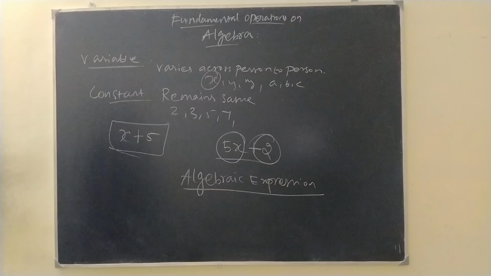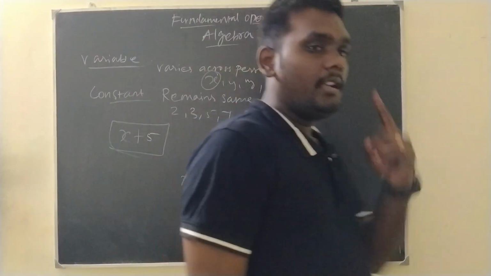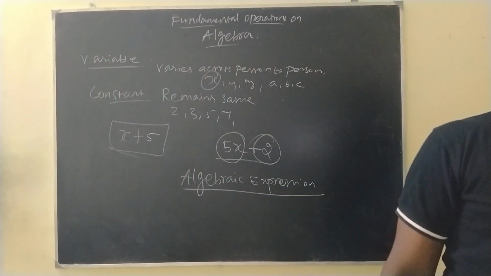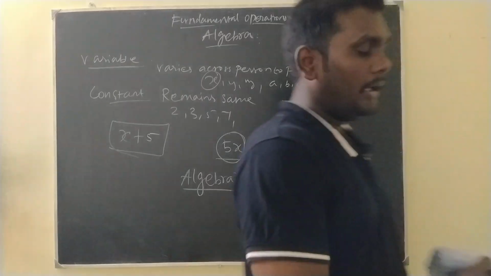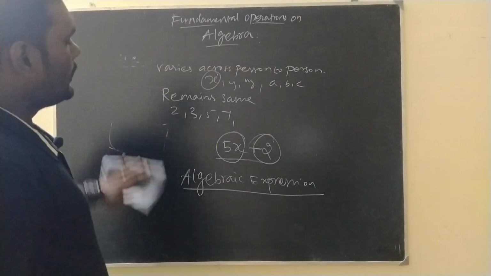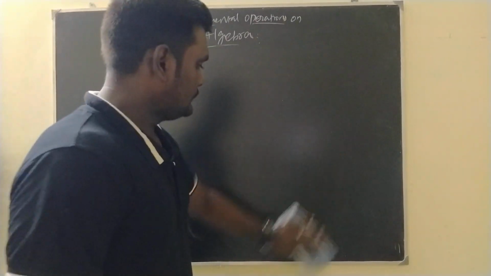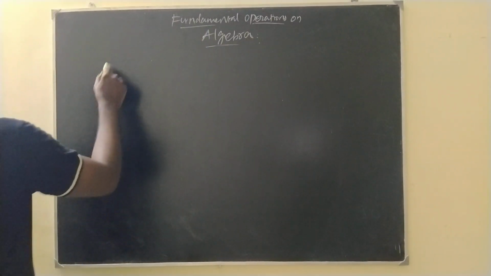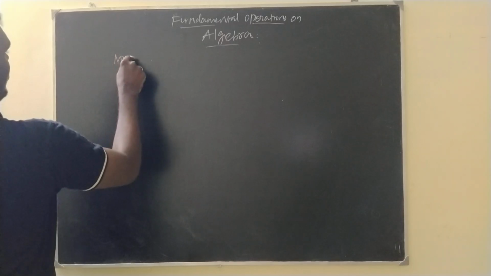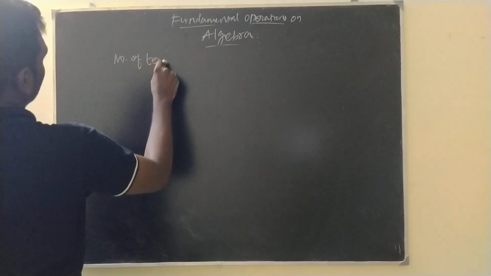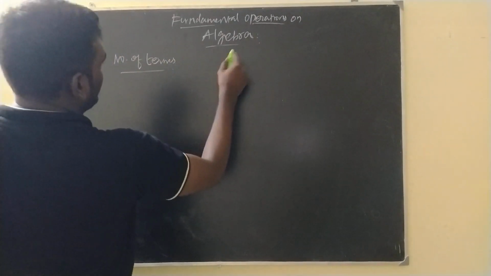So in that way, if the algebraic expression contains only one term, we call it as monomial. How do we call it? Monomials.